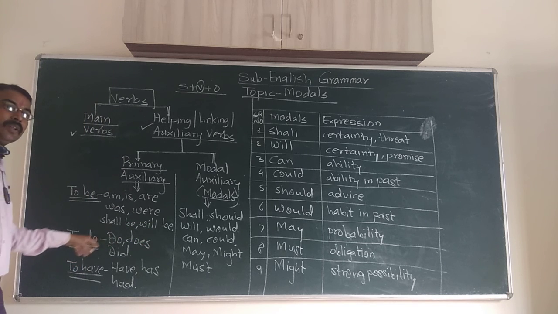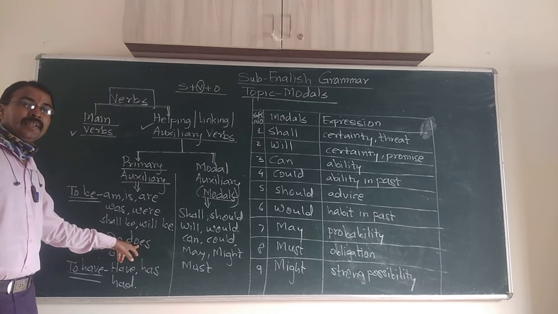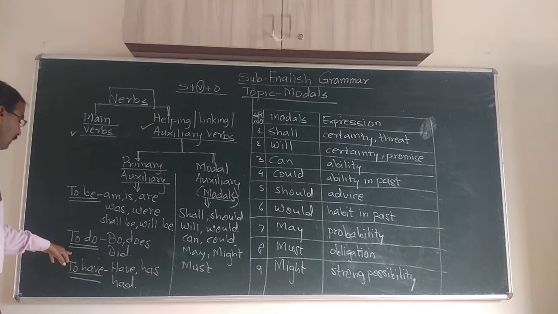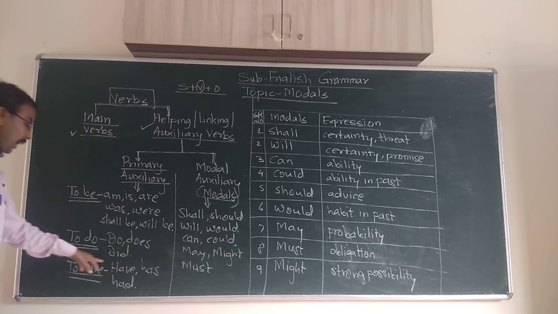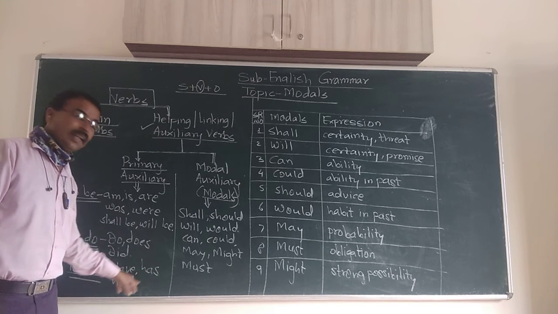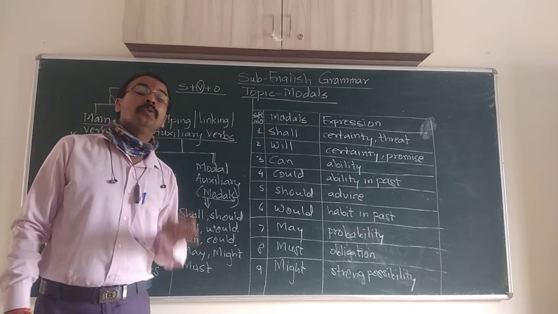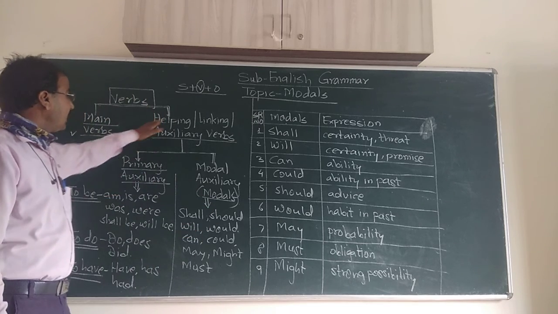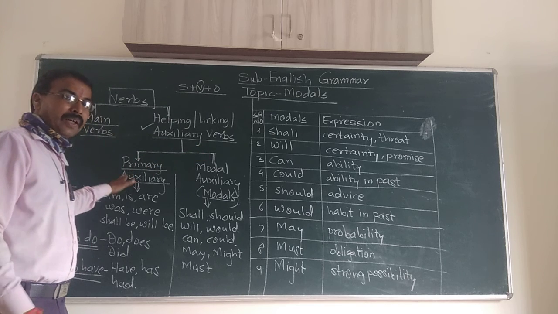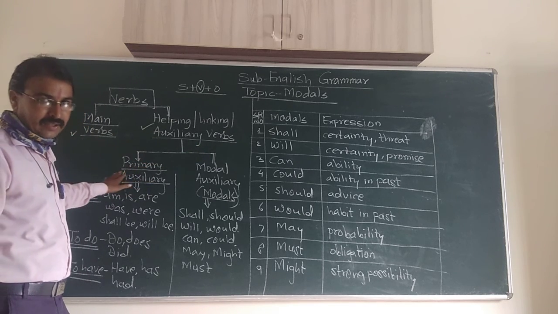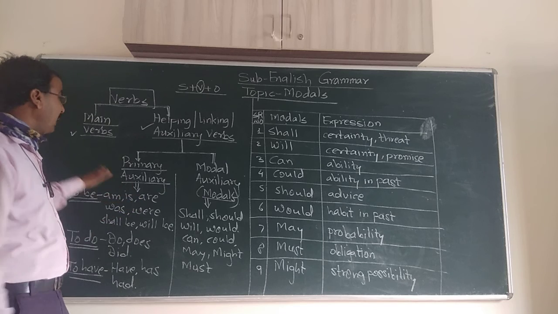To do form: do and does in present tense, did in past tense. To have form: have, has in present tense, and had in past tense. These are the basic things you must learn. Our focus is not on this today, but just remember it in your mind.